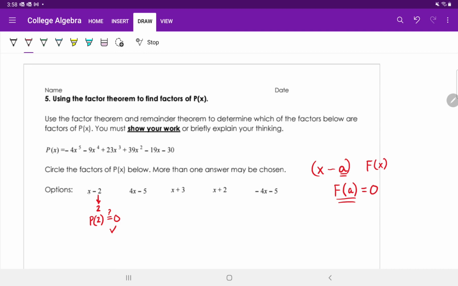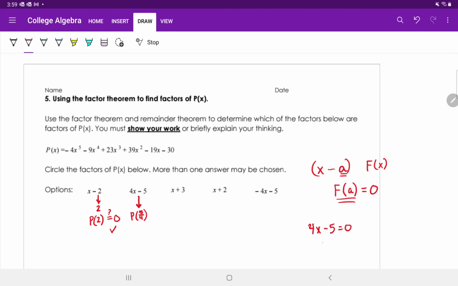So when we're dealing with just a simple x minus 2, it's pretty easy to see how this is going to work. But the second thing you have to test is a bit more complicated. We don't have just an x minus a. Here we have a 4x minus 5. So what you'll be plugging in here is what would be the, quote, root, which would be positive 5 over 4. Imagine if we had 4x minus 5 equals 0.